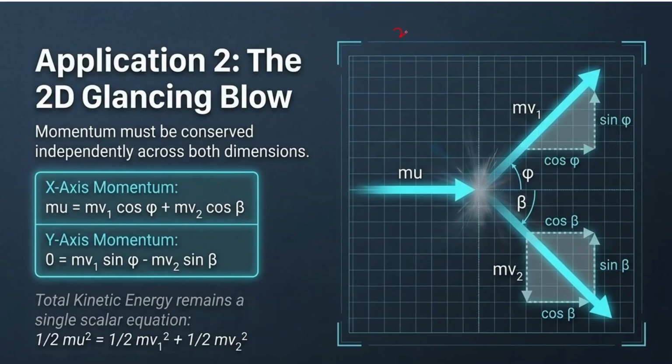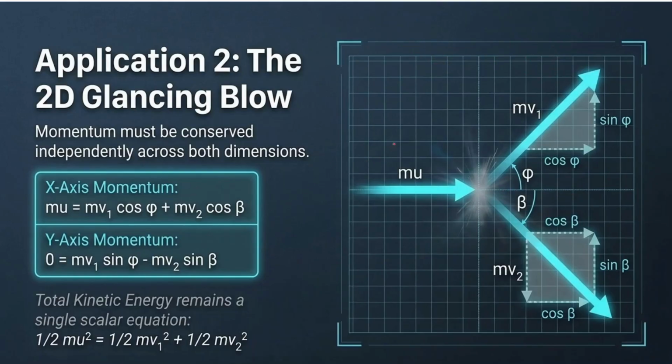We are considering the x direction, so we have to take these components only, and we know how to resolve this vector. So this is mv1 cos phi plus mv2 cos beta, and this equals mu. This is the x component of the momentum.